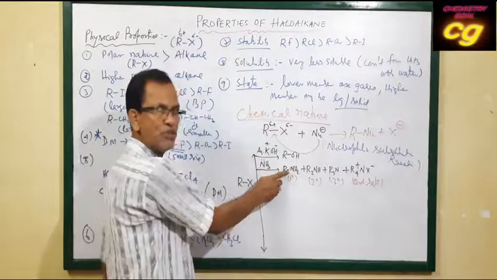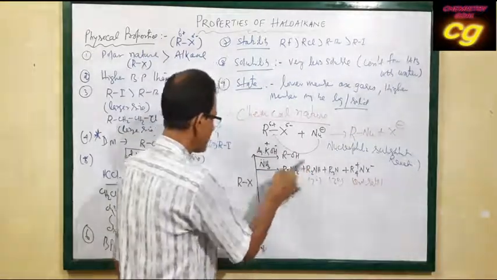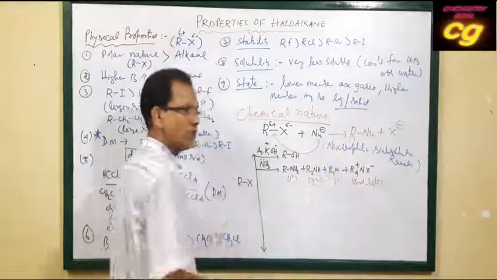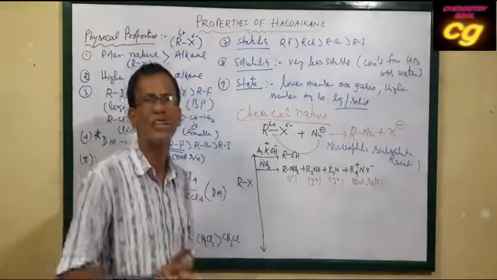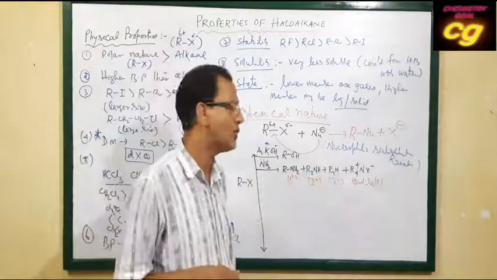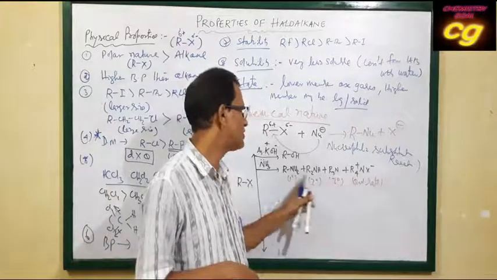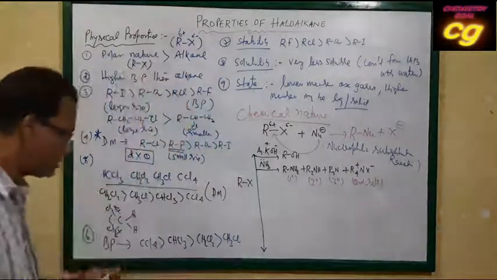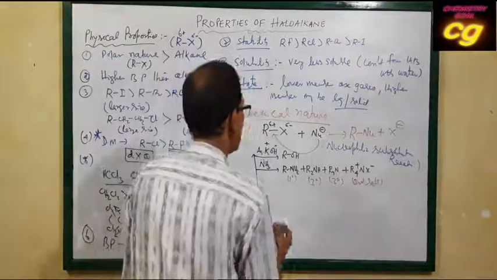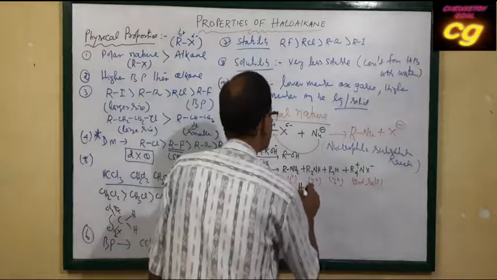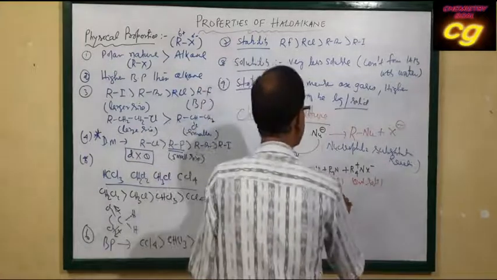This product reacts again with RX producing secondary, then the secondary amine reacts with RX to produce tertiary, till all hydrogen atoms get substituted by R, forming primary, secondary, tertiary and quaternary salt. This reaction is called Hofmann ammonolysis.